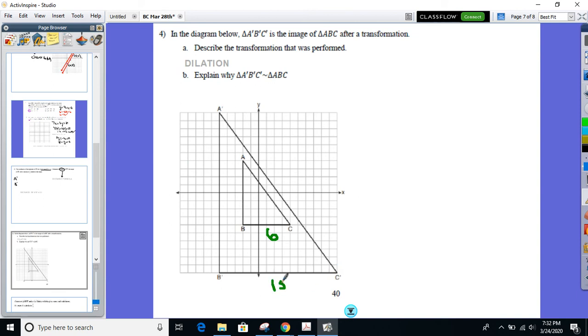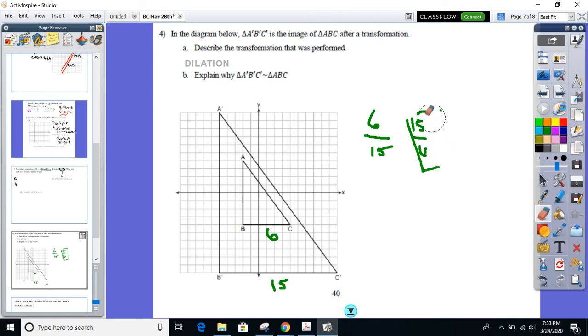I can find the scale factor by comparing two corresponding sides. Now, should I be going 6 over 15 or should I be going 15 over 6? Two different ratios, but only one's correct. Well, let me ask you guys, is ABC getting bigger or smaller? It's getting bigger. So my scale factor has to be, boom, bigger than 1.